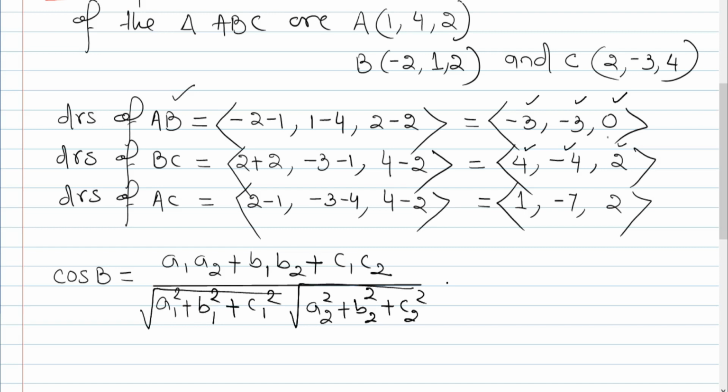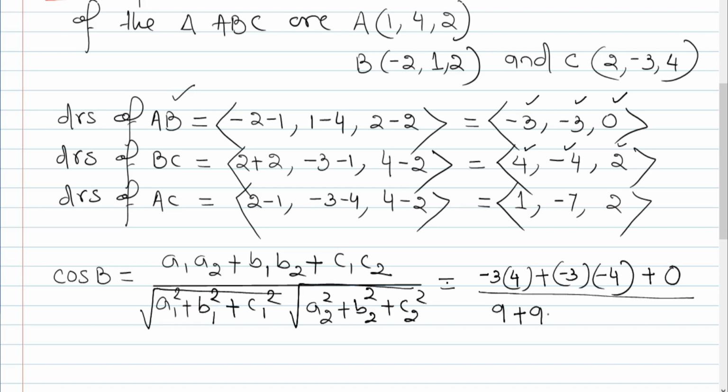So a1 a2 means you should write here minus 3 into 4 plus minus 3 into minus 4 plus 0 into 2 is 0, whole divided by root over minus 3 square is 9 plus minus 3 square is 9 plus 0, into root over 4 square is 16 plus minus 4 square is 16 plus 2 square is 4.